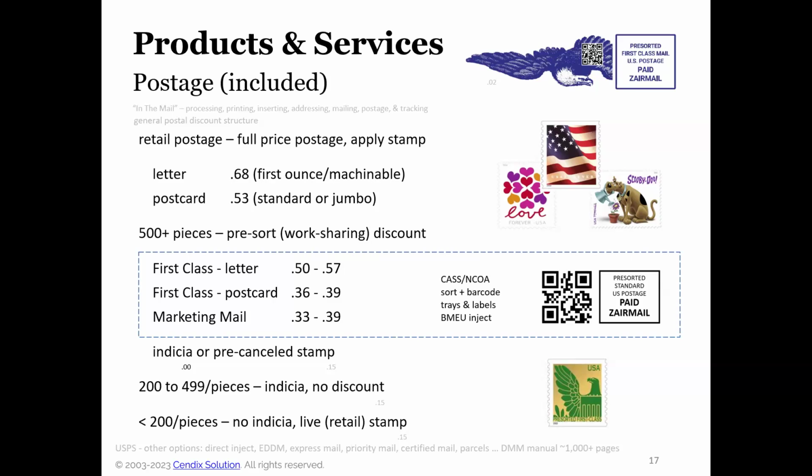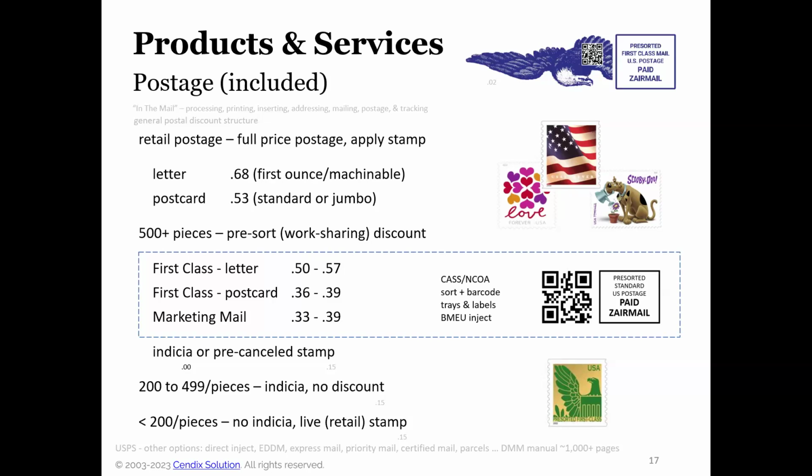But it's a structural element that we need to deal with. Thankfully, the response rates are still fine to justify these postal rates, and we're still at one of the most affordable postage rates in the world. The postcard is especially a bargain. In a lot of countries, they're paying double or triple those amounts.